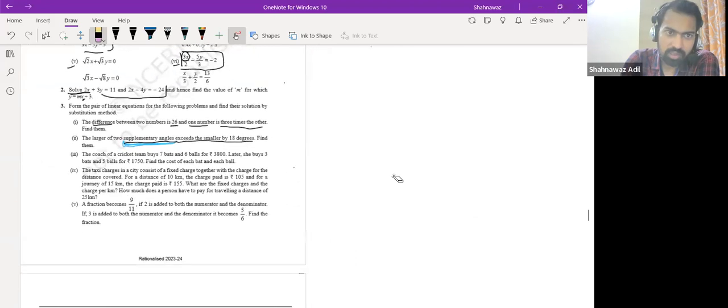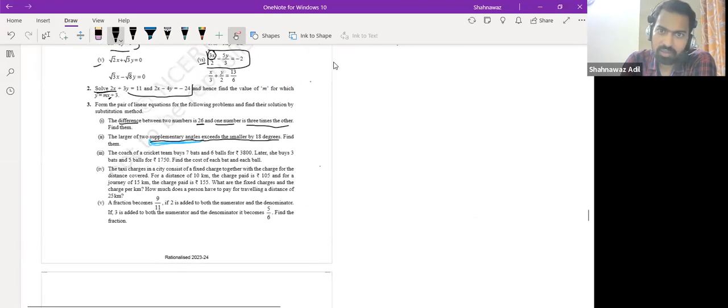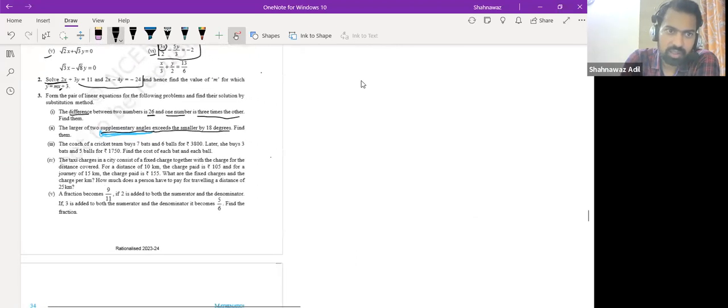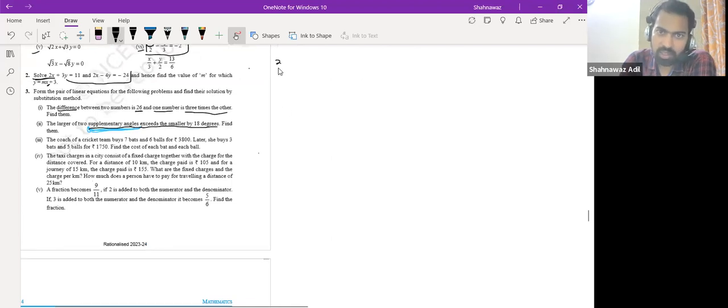Okay, so the third problem and the first. In word problems, the ultimate goal is to make the linear equation, right? So the first problem is that the difference between two numbers is 26 and one number is thrice the other. What are the two unknowns in this question?